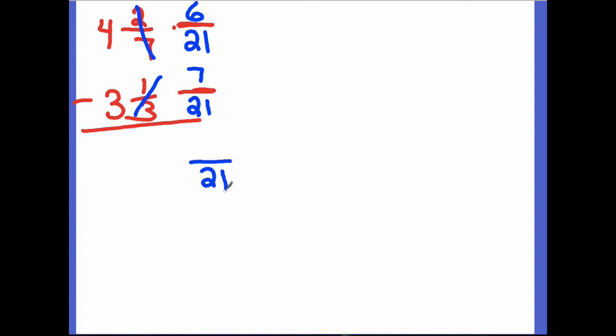6 minus 7. Can we do it? What do we have to do? Borrow. What are we going to borrow from? Go ahead. We're going to borrow 1 whole from the 4. If I borrow 1 whole, what's my denominator in this problem? 21. So if I borrow 1 whole, how many am I borrowing?